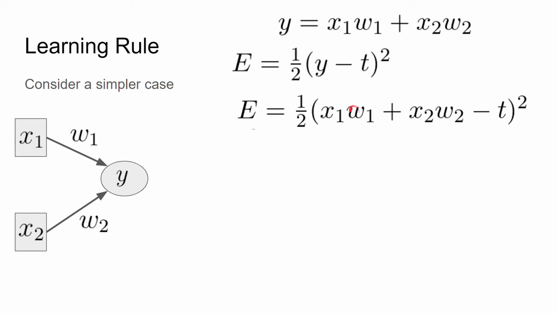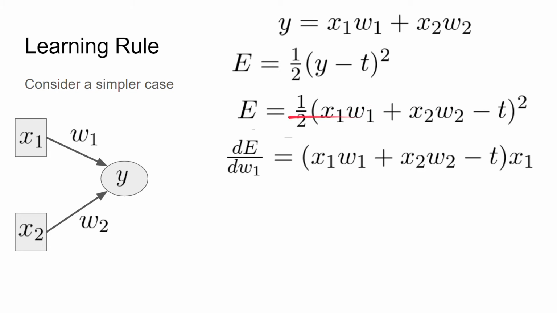So if I want a learning rule for how I should adjust weight 1, I can take the derivative of the error with respect to weight 1, and that'll say, if I changed weight 1, how would that change my error? So how do I take the derivative of some nasty thing? Well, this is a polynomial, so I take this 2 and pull it down, it cancels out with the 1/2, and the exponent reduces by 1, so now I have this big giant thing to the power 1.